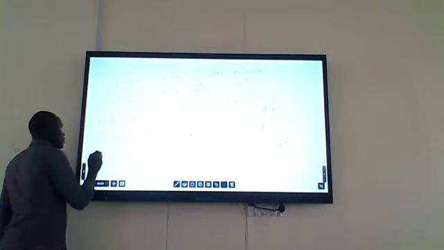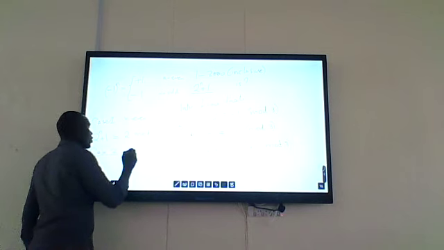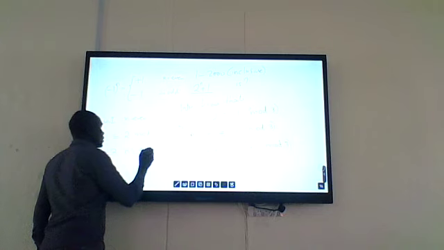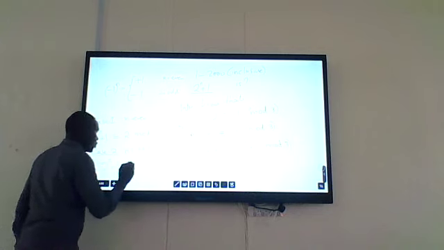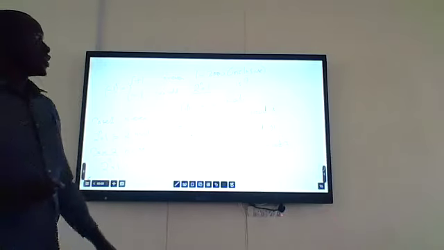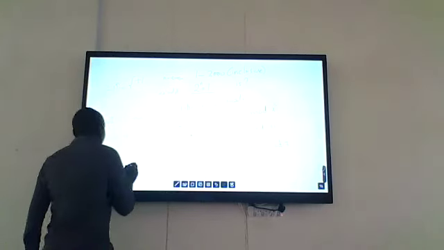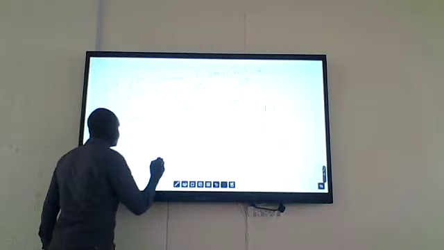And then case 2, n odd: 2 power n plus 1 will be congruent to, so this part, 0. So 0 mod 3.